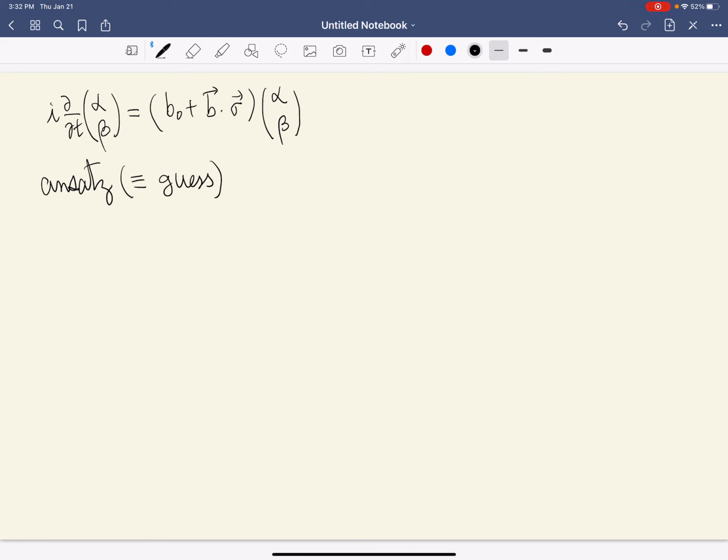So I'm going to guess that this solution can be written as some complex phase factor multiplied by a constant. Constant means independent of time.